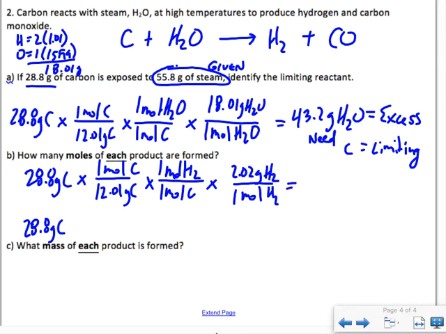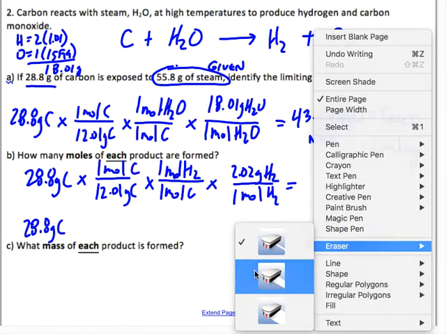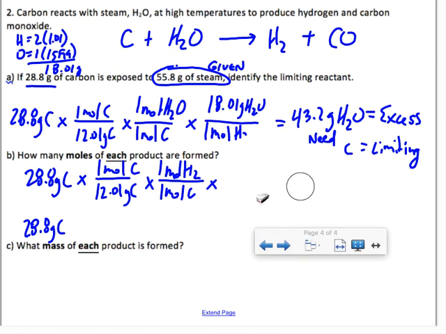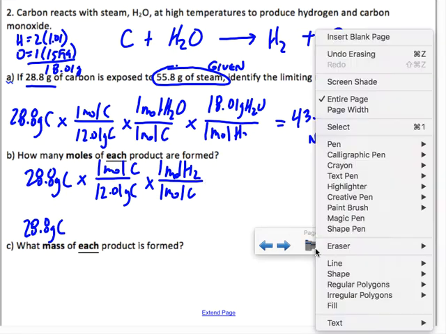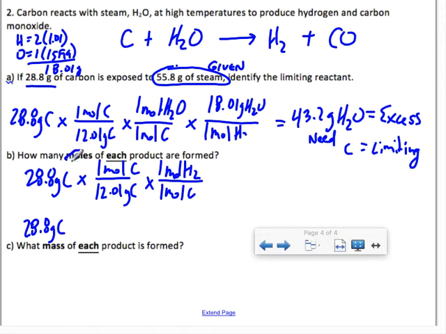All right, there's my first one. Oh, stop. I didn't have to do that last conversion because they said how many moles. I'm jumping ahead of myself here. Okay, go back. They want moles.